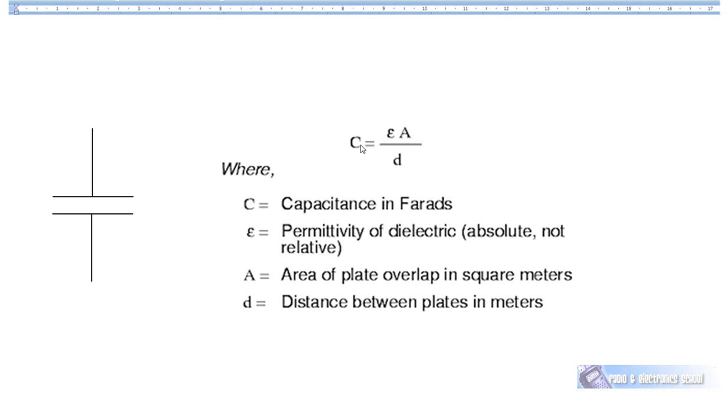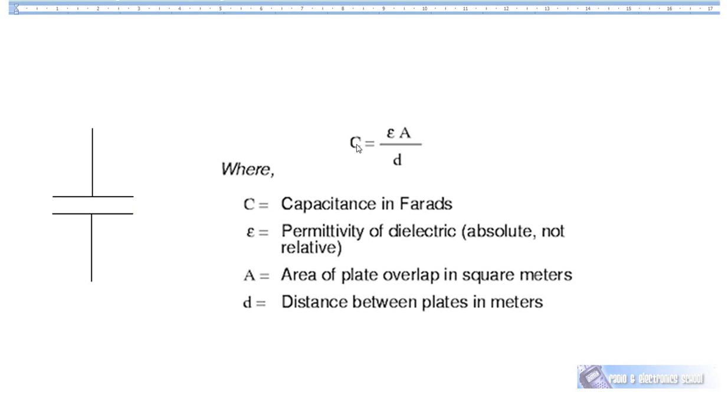d is in the denominator, so that's an inverse proportion. Capacitance is inversely proportional to d. If we were to double d, we would halve the capacitance, because it's an inverse proportion. It does the opposite to permittivity and area. If we wanted to increase the capacitance, we would have to decrease the distance between the plates, because this is an inverse proportion.